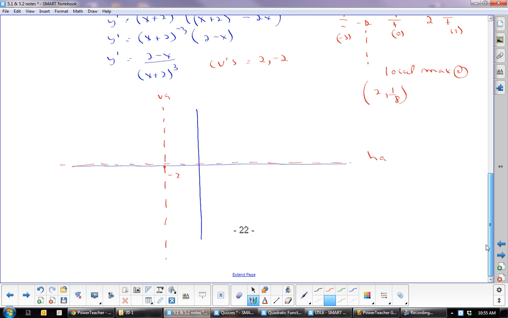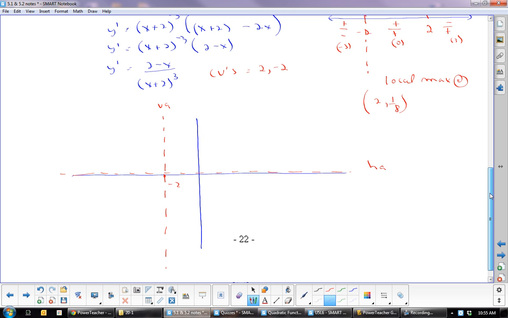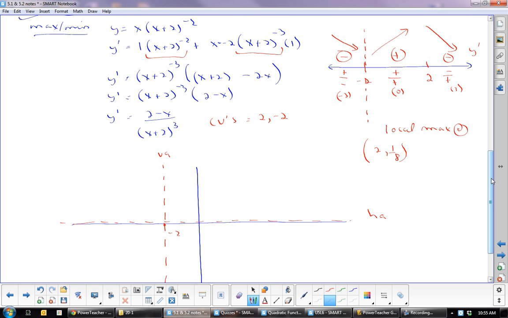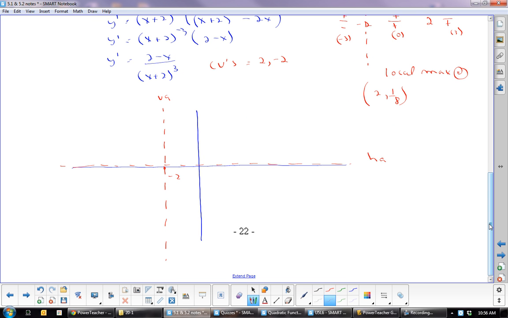Now, from -infinity to -2, what are we doing? We're going down, okay? Are we crossing the asymptote there? No. Okay, so this should look something like this.